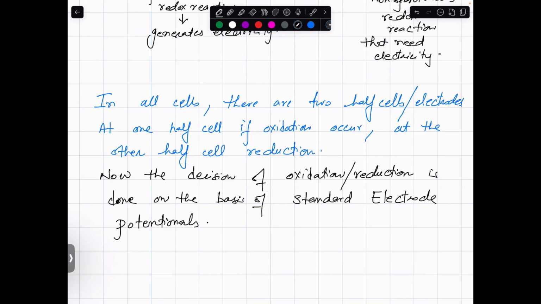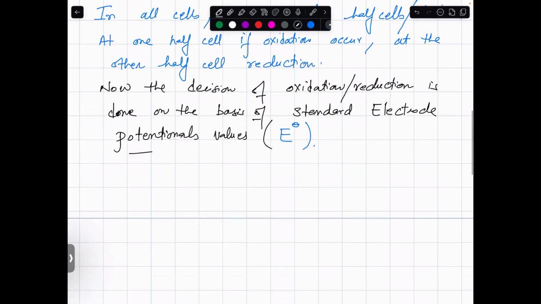What? The decision of oxidation and reduction is done on the basis of standard electrode potential values, which are called E naught values.